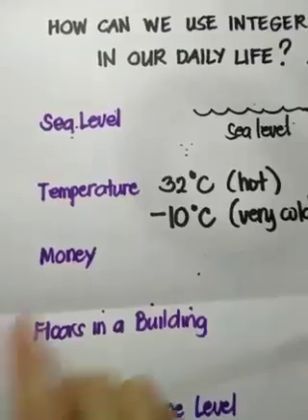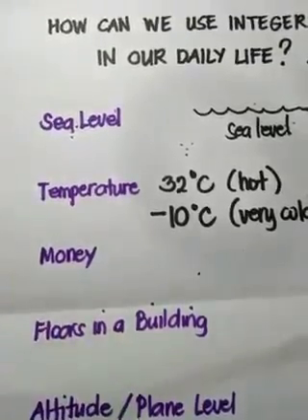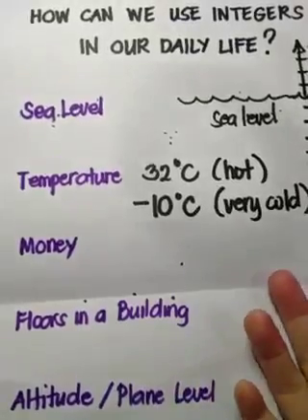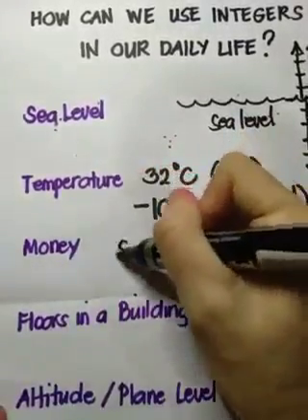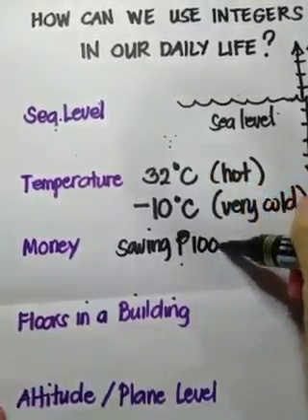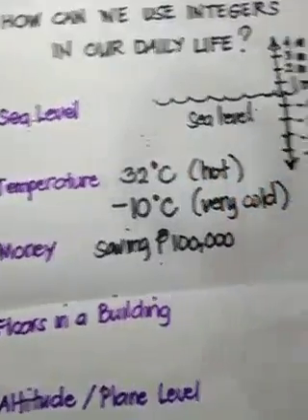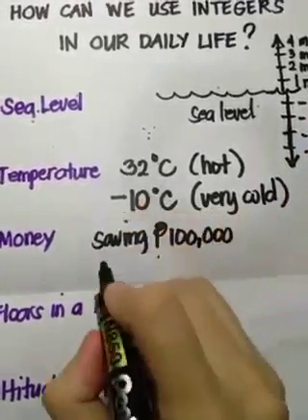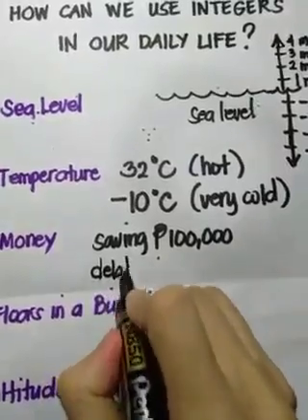Sa money, magamit sa nato ang integer. Kung maghisgot ta sa atong savings, it is a positive integer, no? So I saved, for example, 100,000 in 1 year. Daghan na akong kwarta, no? Or, pwede pod nato siya gamiton sa utang, no?